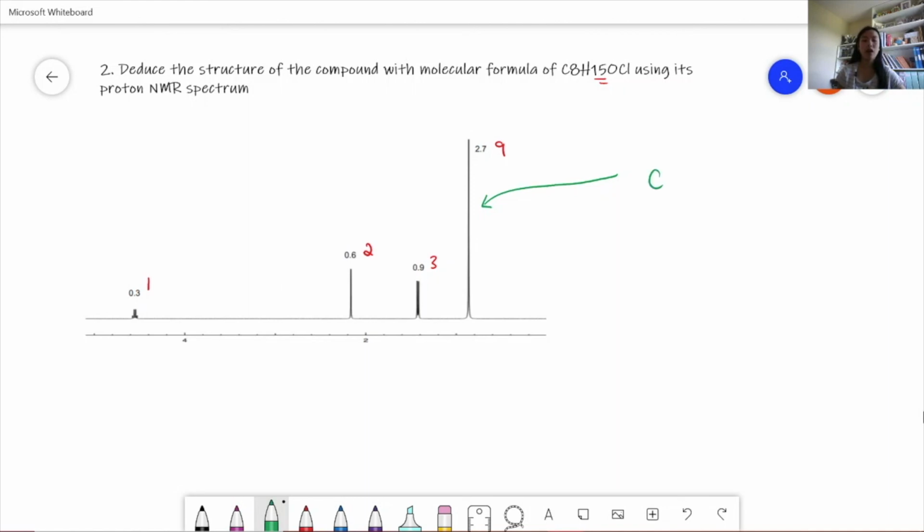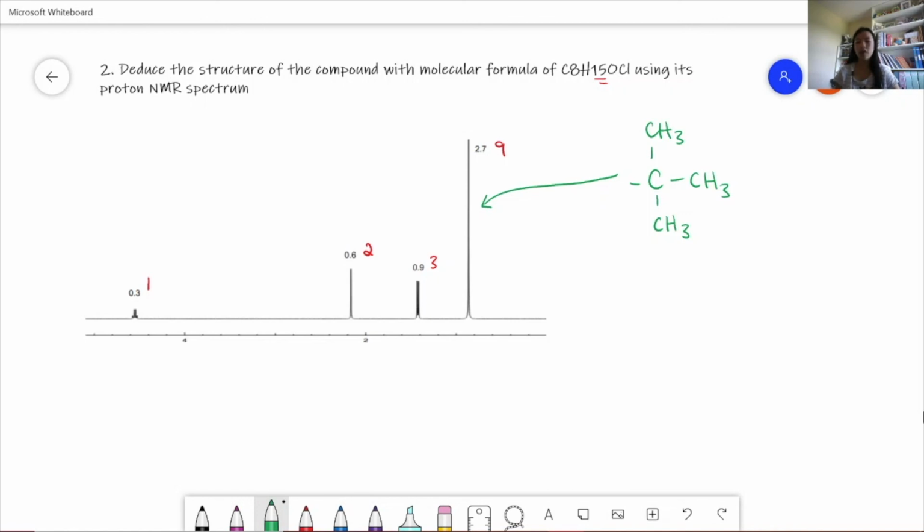So if we have 1 carbon, and then we have CH3, CH3, and CH3, now all of these hydrogens are in the same environment, and they're going to be a singlet, because the carbon which is adjacent to the one it's attached to won't be attached to any hydrogens. And so I've already worked out this part of this compound.